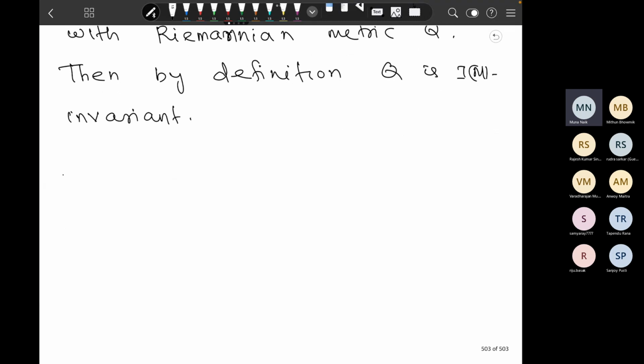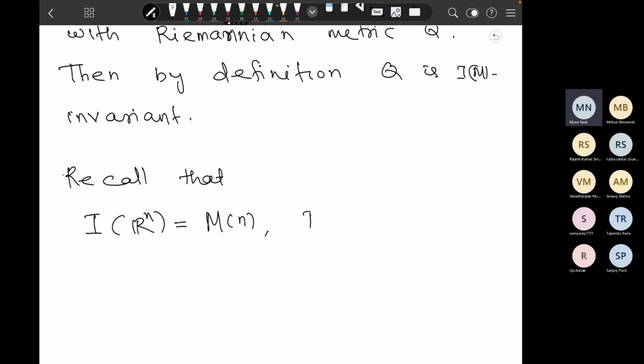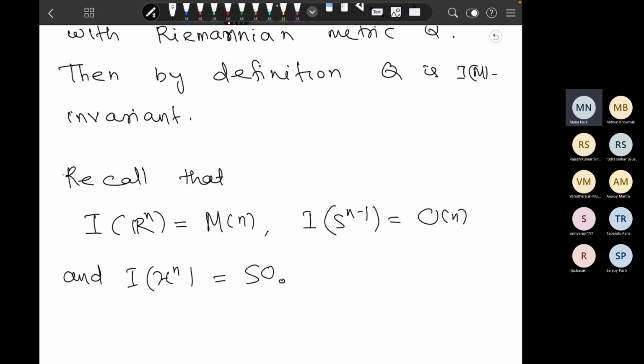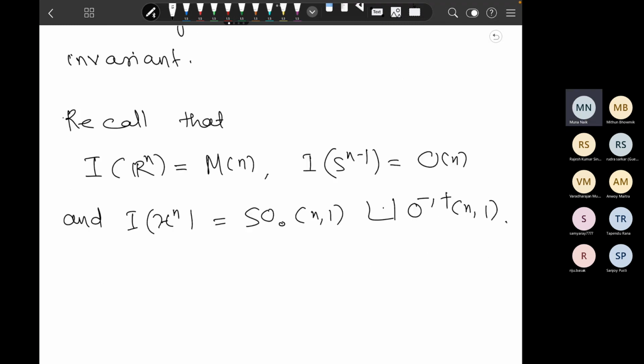Recall also that I(R^n) is really R^n semidirect O(n), I(S^(n-1)) is O(n), and I(H^n) is really O(n,1) disjoint union O minus (n,1).